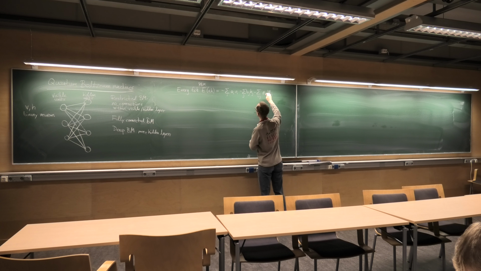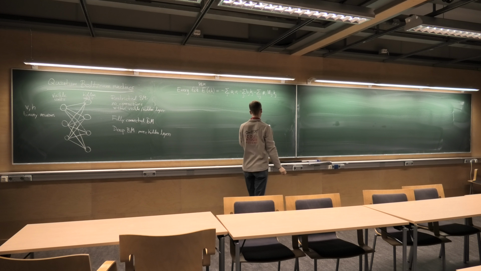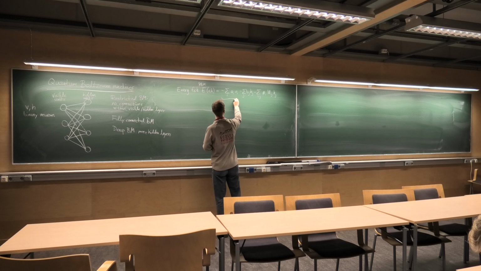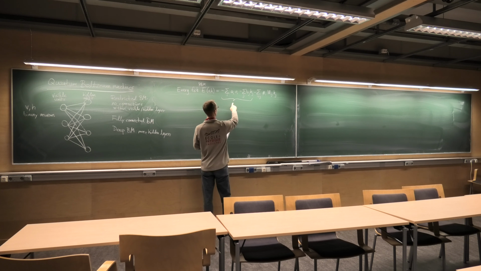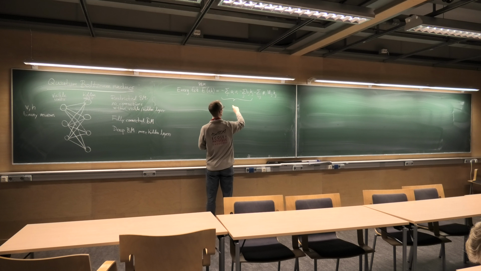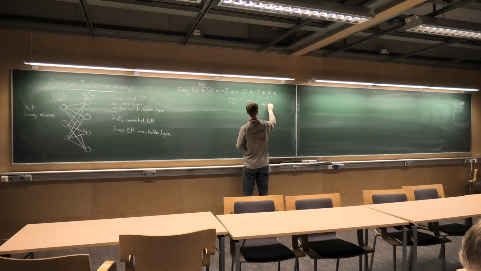It should be V, of course. So these two terms are just some energy functions for each individual unit. You can call them biases. And here, this W is what's called a weight matrix.